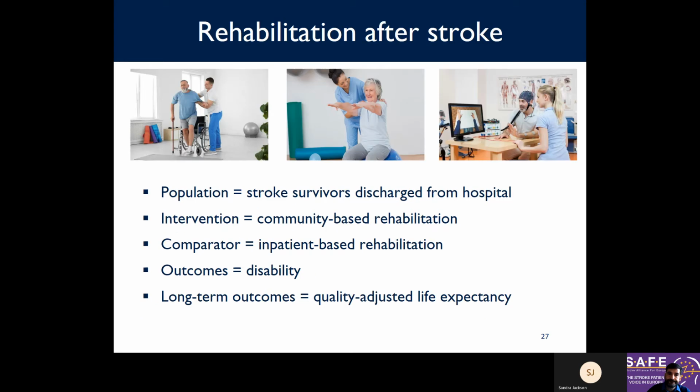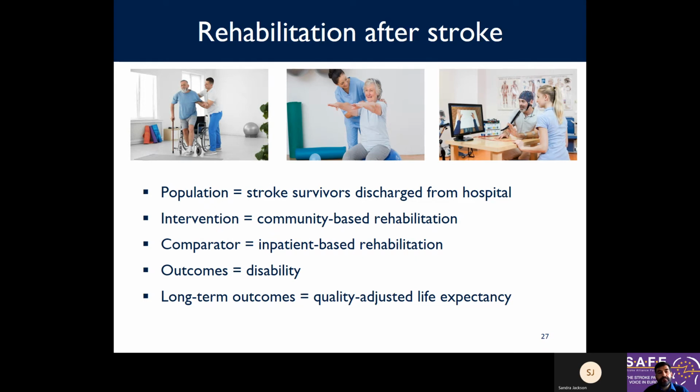In our model, again, we looked at long-term outcomes in being quality adjusted life expectancy over 5 years. And finally, at the other end of the stroke pathway, we looked at rehabilitation after stroke. And by rehabilitation after stroke, we mean intensive community-based rehabilitation, not only rehab while the patient is still an inpatient in hospital.